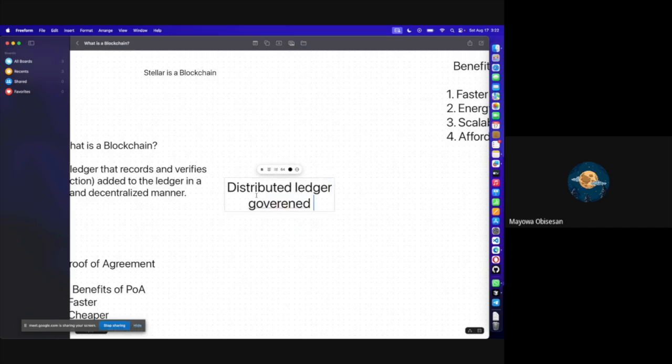governed by a set of rules, right? The rules that govern them are enforced across every single node.